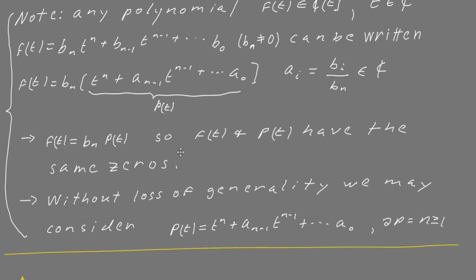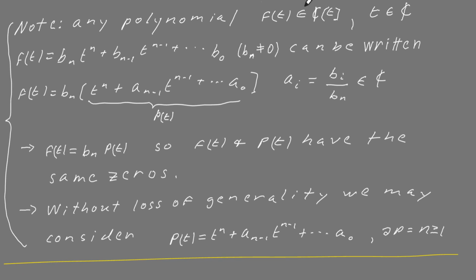Now, before starting, note that any polynomial f of t with complex coefficients and t some complex number, with b sub n not equal to 0, can be written like this. That is, you can factor out the leading coefficient over here, and you can do that by multiplying each of these other terms by b sub n over b sub n.